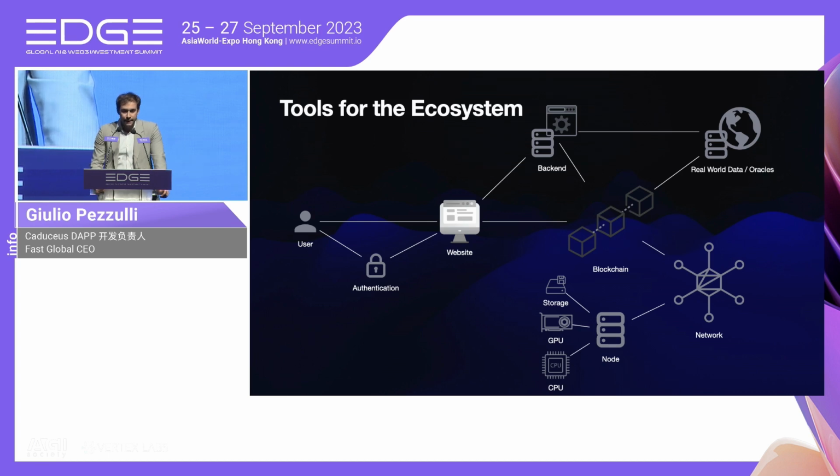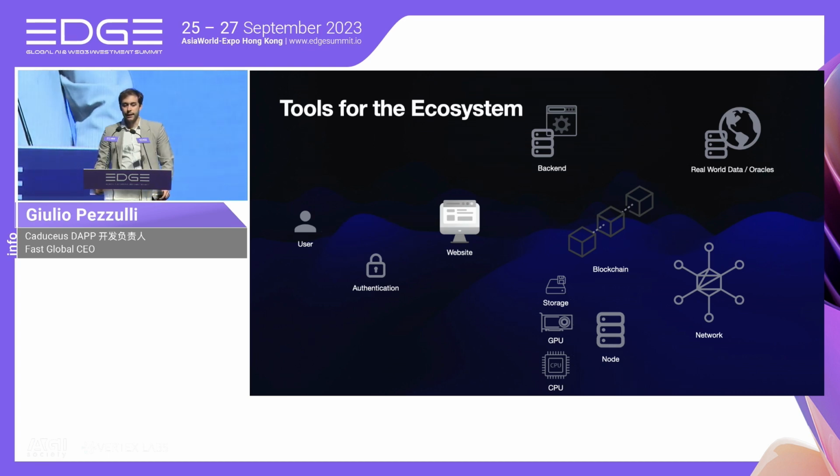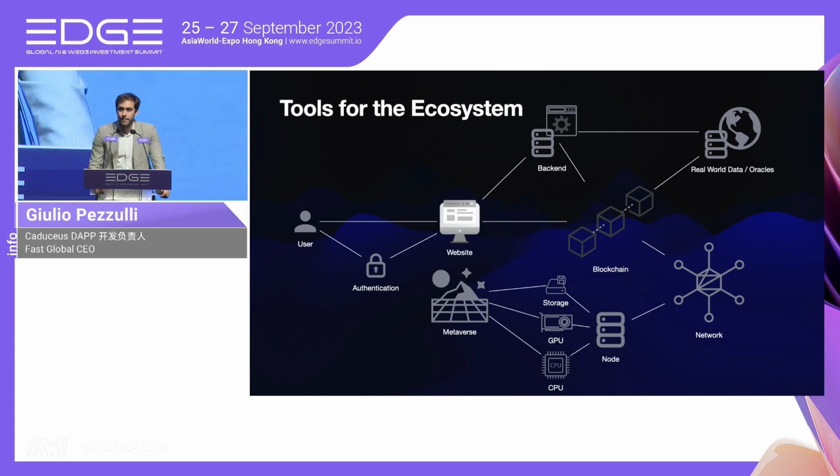And in fact, it is these resources that provide the backbone to any kind of metaverse, which Caduceus also looks into. With this access to GPU and CPU and storage, thanks to Caduceus's modular framework, we're able to give these resources to developers that have rendering requirements.